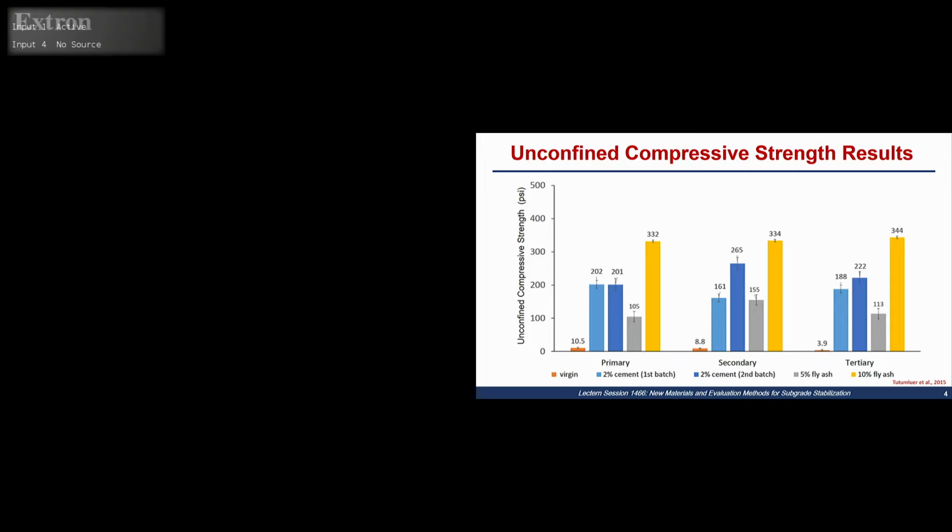If you add 2% cement to this material, or 5 to 10% fly ash, then you can get a really high increase in unconfined compressive strength, up to even 30 times. So since in the lab study there was potential for this material to gain strength as a stabilized material, we were trying to further evaluate that in the field and construct some pavement applications with these stabilized materials.